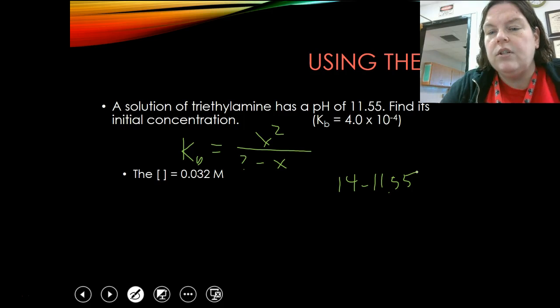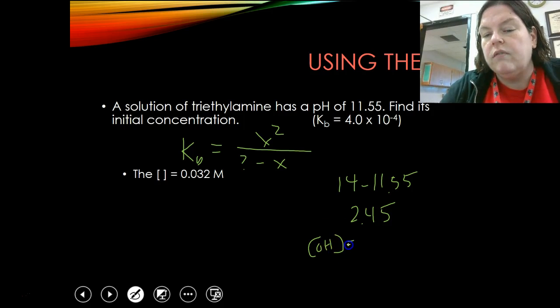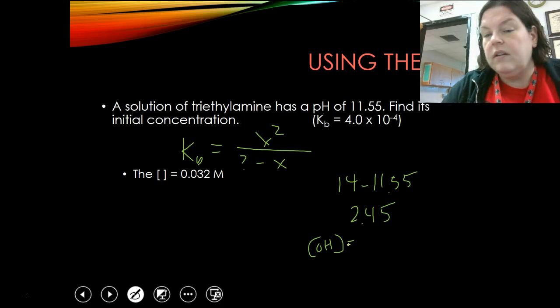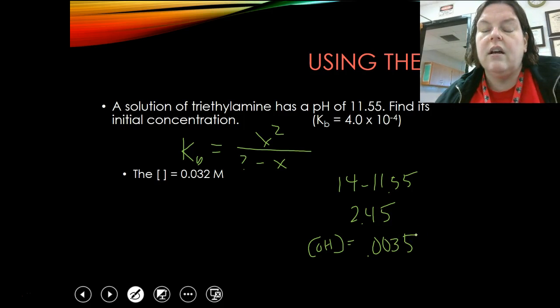That means the pOH is 2.5. So if we calculate backwards, we can get the concentration of OH. The concentration of OH is 0.0035. Okay, so that's the concentration of the OH.